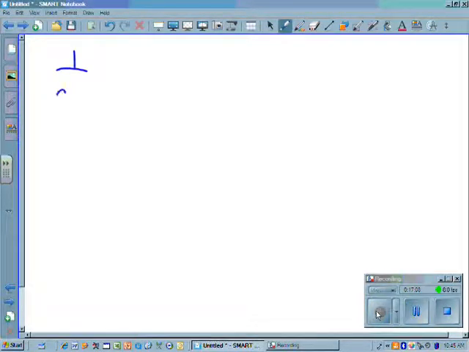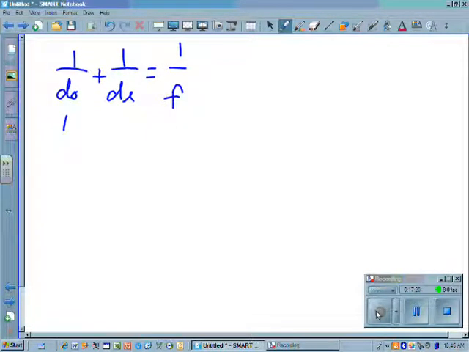So let me go ahead and put these up here real quick. It's 1 over DO plus 1 over DI equals 1 over F. In that particular case, I want you to notice that you have an object distance of 1 over 30. You're trying to figure out your image distance, and your focal length in this case is 1 over 10.